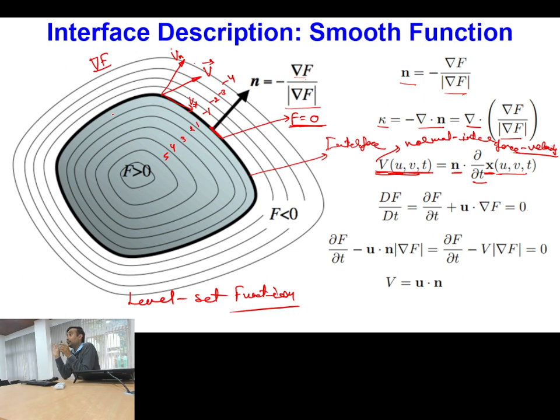But if you consider that you have two immiscible fluids and everything inside and outside is stationary, then you will find that your interface location will not change. The interface will remain at that particular location only. So it means that if you have two immiscible fluids which are non-reacting, with no concentration gradient, no temperature gradient, no velocity, no pressure gradient, then you will not find any change in interface location.